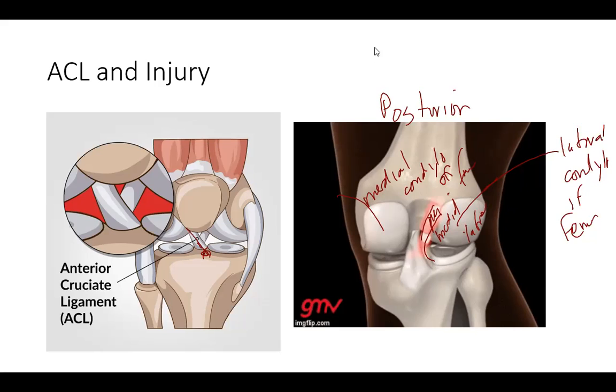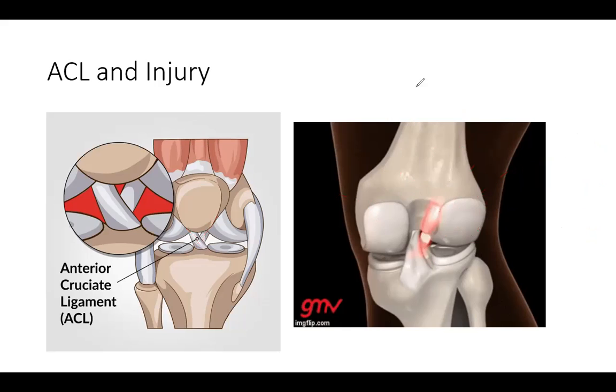The PCL comes up from the back and goes to the lateral surface of the medial condyle. They cross over. I know it's very confusing when you think about this, but they cross over. That's why they're called cruciate, because they cross.